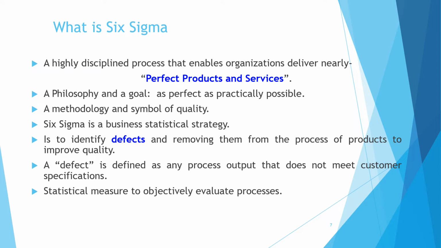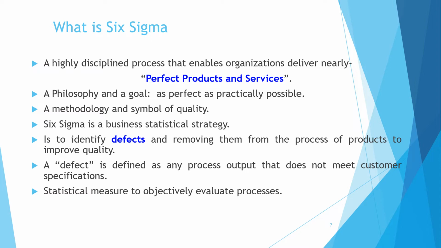Some of the definitions for Six Sigma. It can be termed as a highly disciplined process that enables organizations to deliver perfect products and services. It is a philosophy and a goal, a methodology and a symbol of quality. It's a business statistical strategy used to identify defects and remove them from the process of products to improve quality.